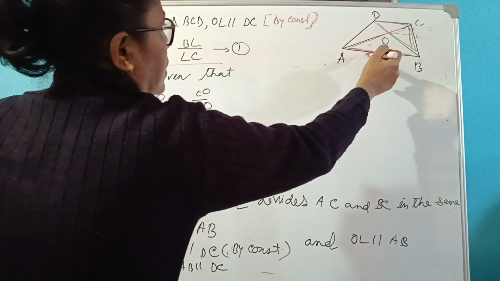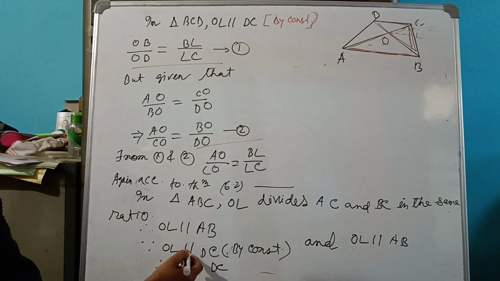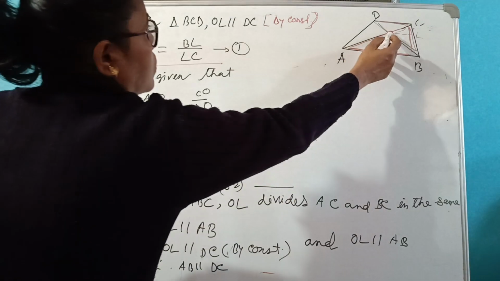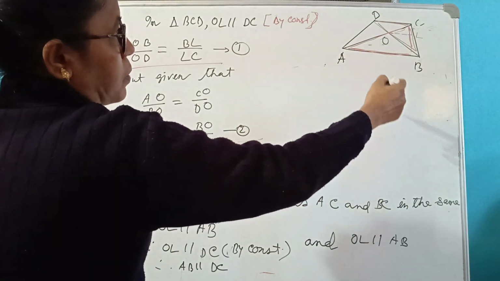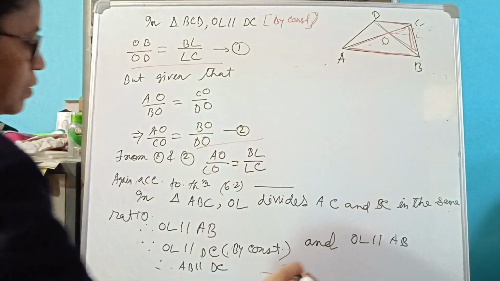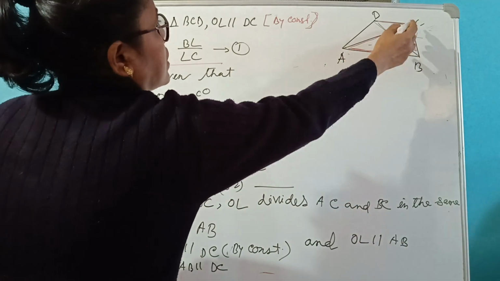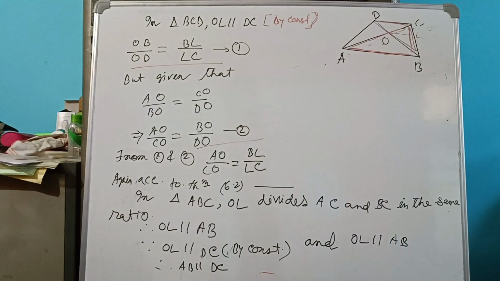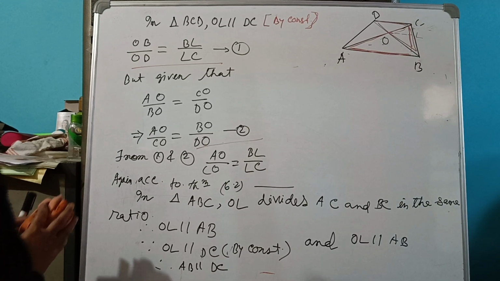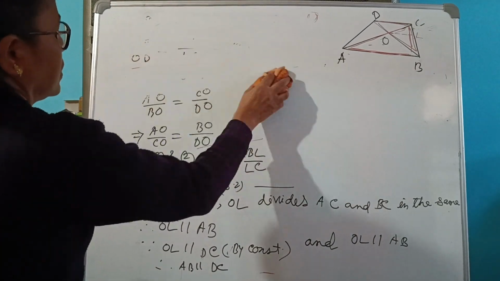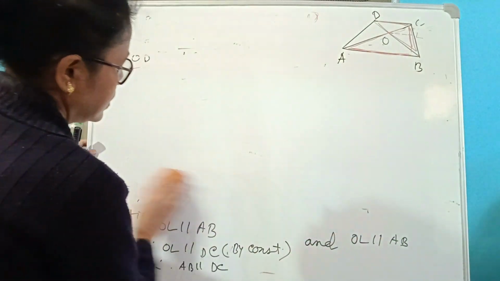So OL is parallel to AB. Again we constructed that OL is parallel to DC. And by proof, we find OL parallel to AB. Using this, we can find that AB is parallel to CD. Since a pair of opposite sides of the quadrilateral is parallel, therefore ABCD is a trapezium.